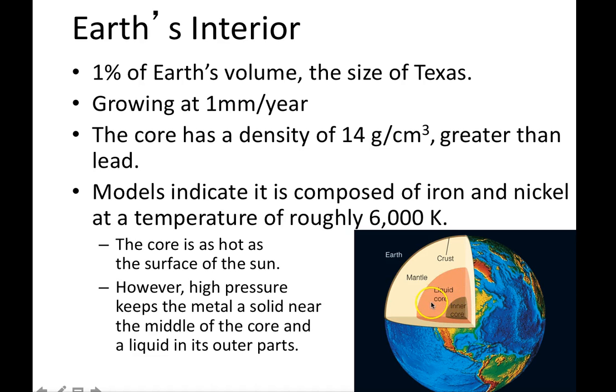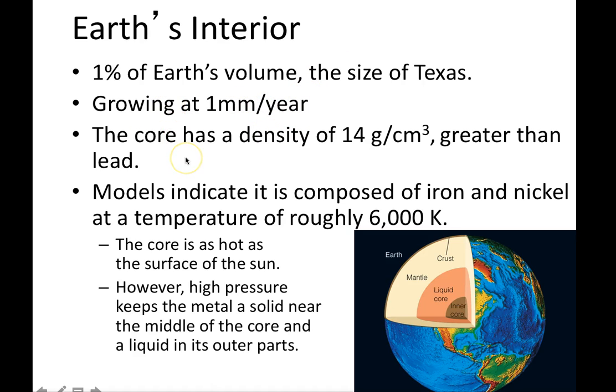Now we also have a liquid core, and you can see it extends out a bit further, and then we have the mantle and the crust. The mantle you can sort of view as lava in consistency, if you will. The density of the core is 14 grams per cc, which is much more than lead.